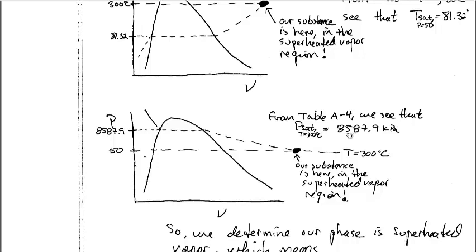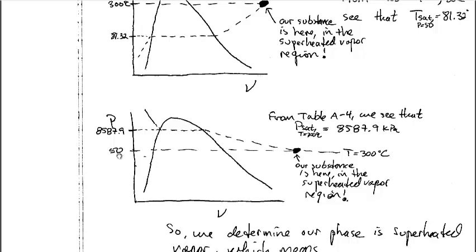and I see that the saturation pressure of water at 300 degrees C is 8,587.9 kPa. So that means that when water is saturated at 300 degrees C, this part here, its pressure is 8,587.9 kPa.